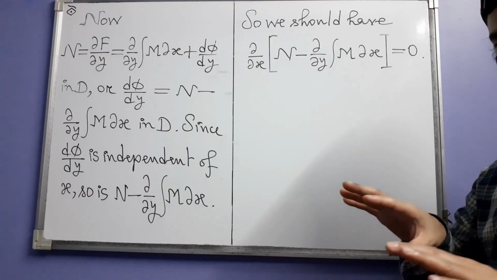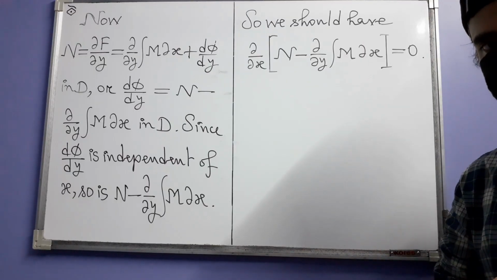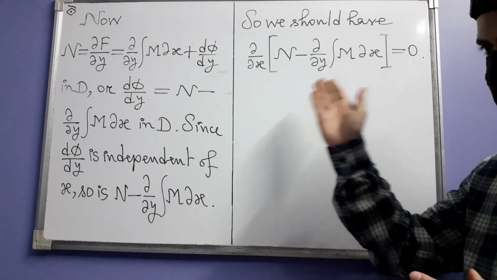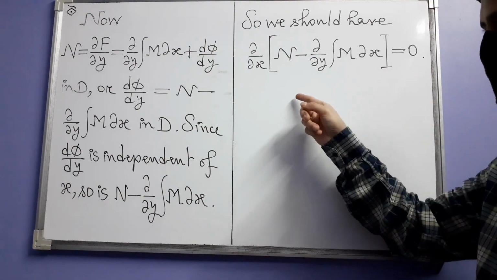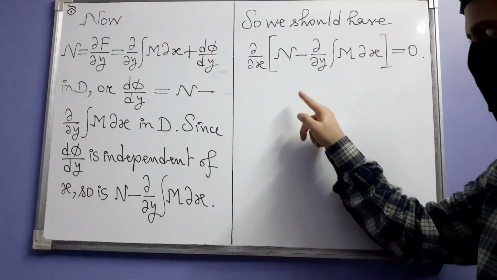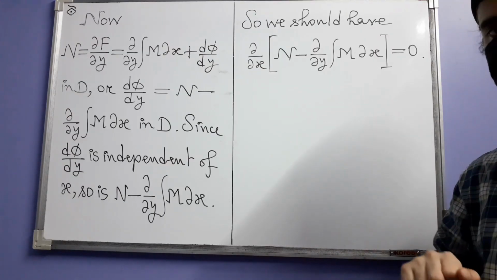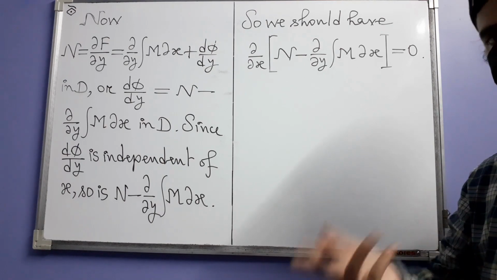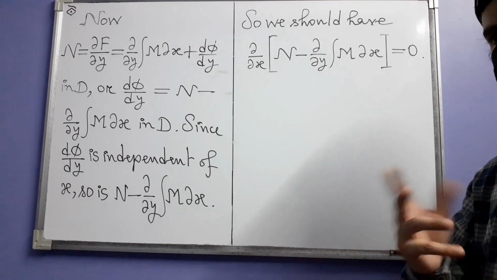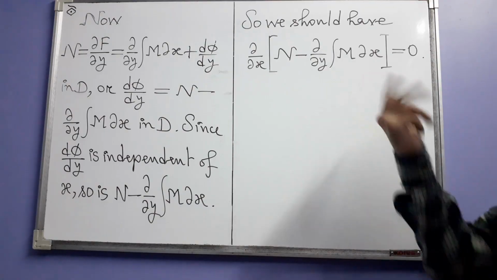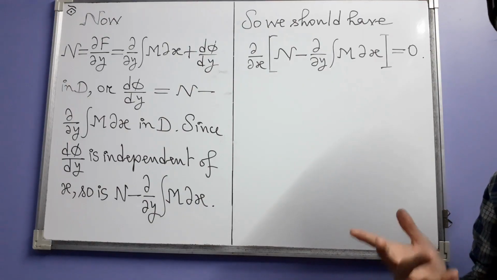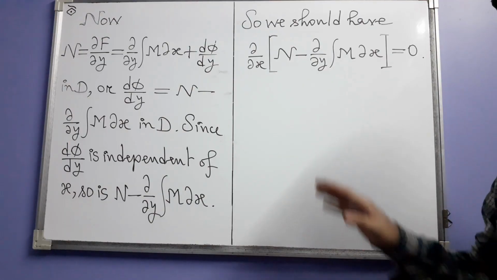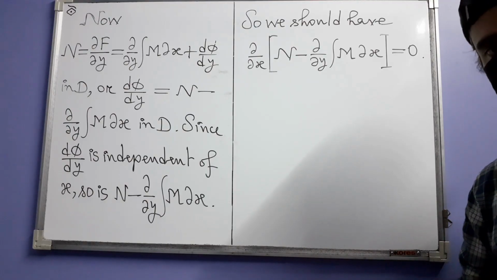Now we are going to propose one f, and our f will just be that is f is integral of m with respect to x plus phi of y, where phi is any function of y. Will any function of y really give us these things? Yes, actually that's the case. So that is the next thing. Let's see how.